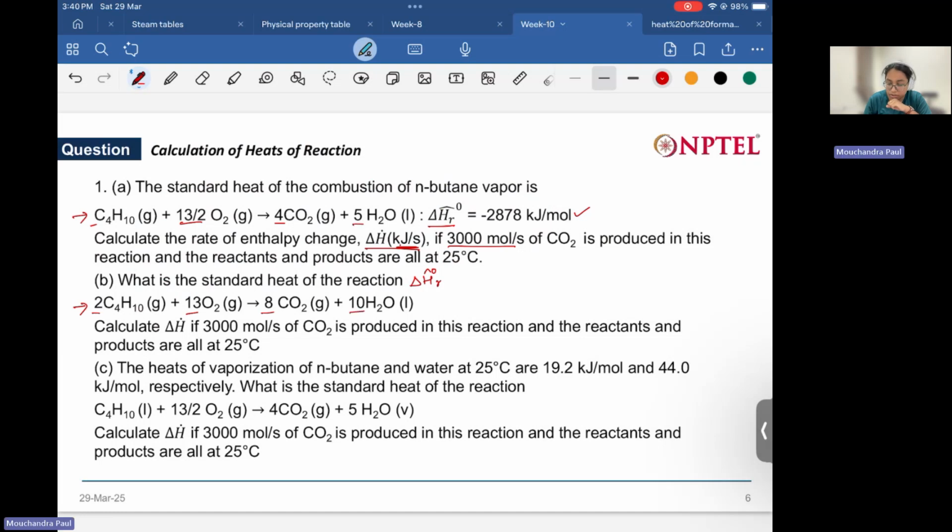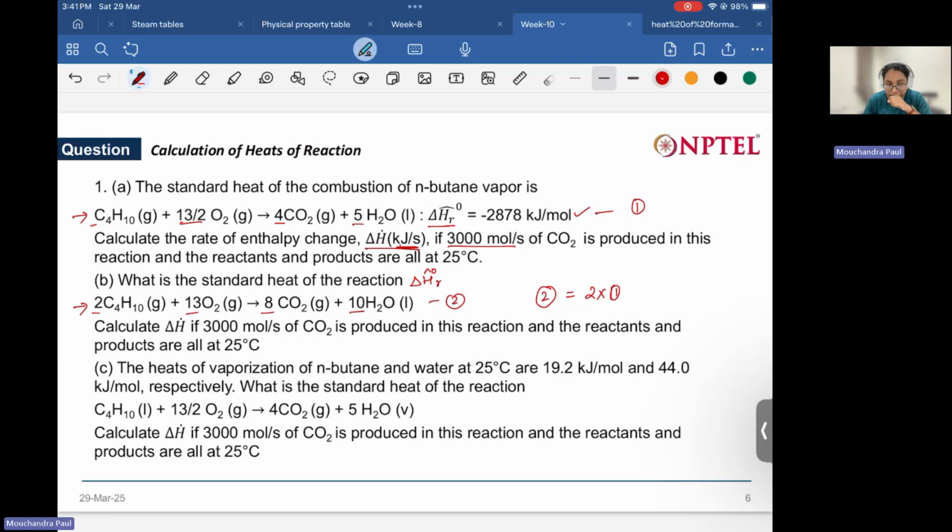If you look at the reactions carefully, you will see that if this is reaction 1, this is reaction 2. Reaction 2 is basically twice of reaction 1. Reaction 1 is multiplied by 2 to get reaction 2.